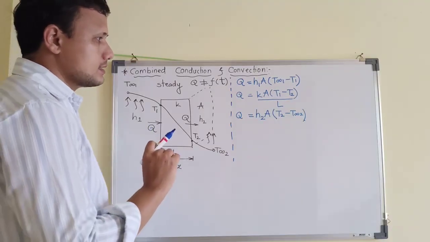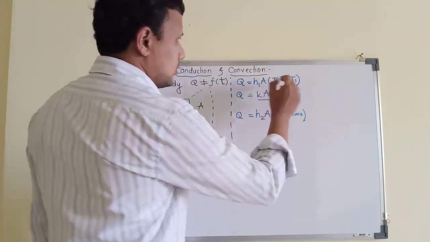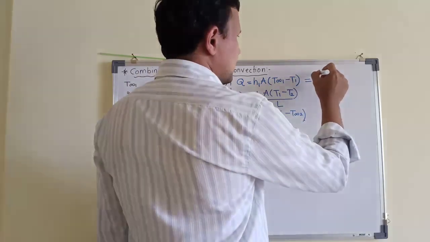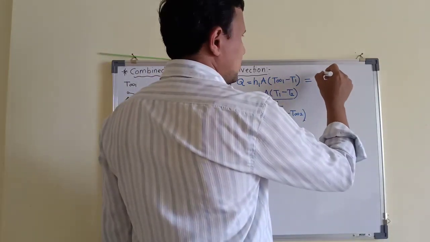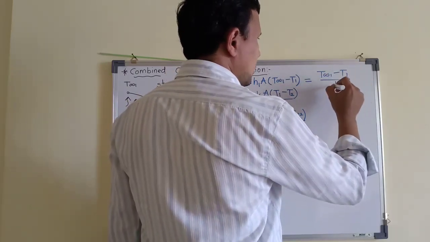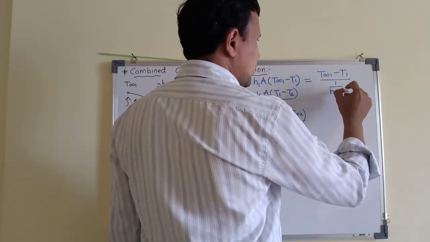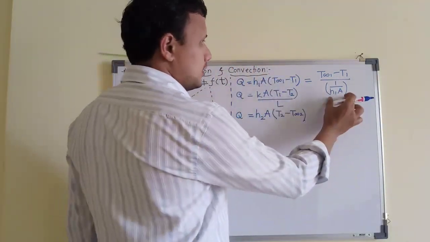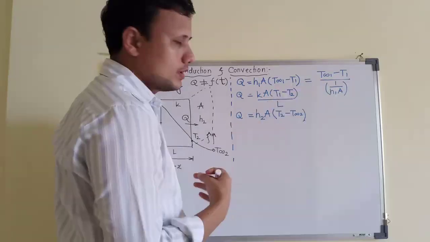So now let us see what we can do with this. On the basis of this, we can rearrange the equation. So we can say that this is also equal to T infinity 1 minus T1 upon 1 upon h1A. I have just taken this numerator and put it down in the denominator. There is no problem with mathematics.